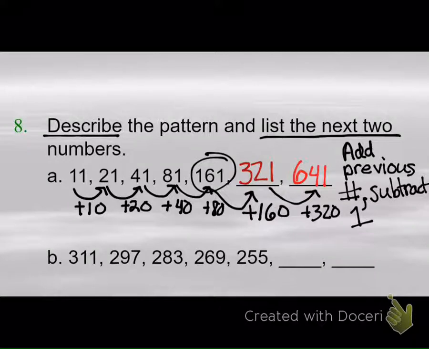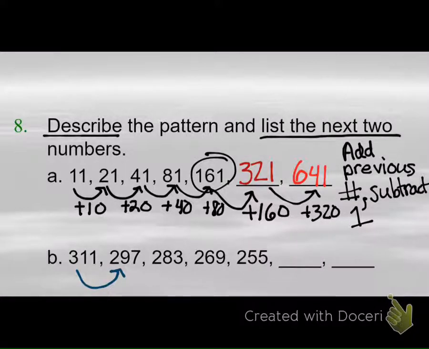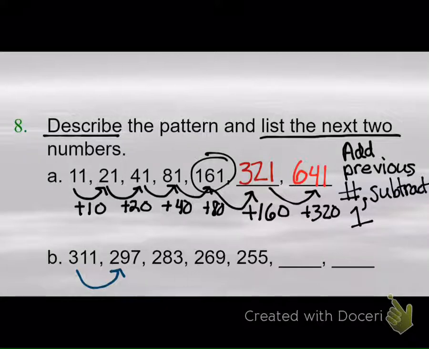The next one's a little easier. How do I get from 311 to 297? I'm going to assume since we're going down, we're going to subtract. Good. So how do I get from 311 to 297? Minus 14. Good. How do I get from 297 to 283?